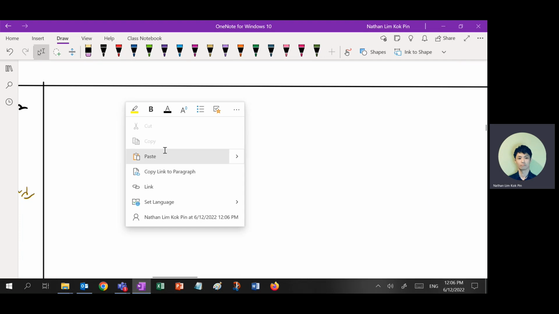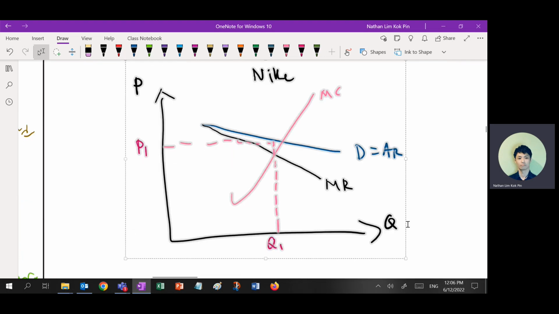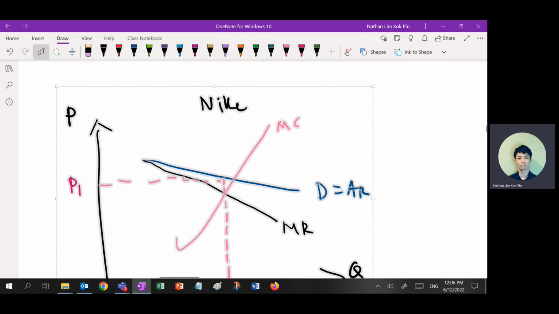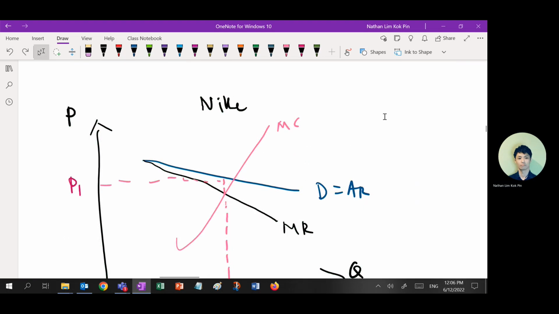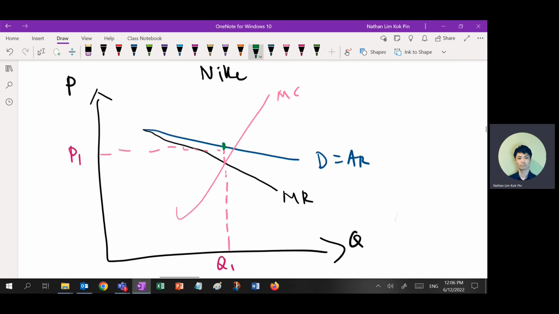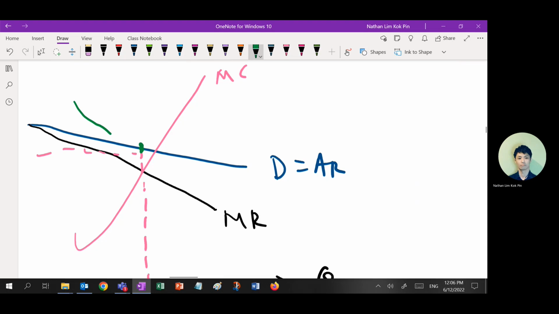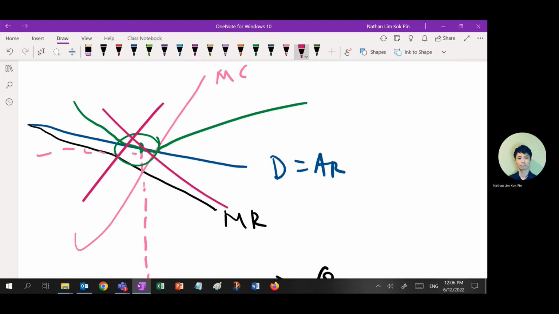In fact, normal profit is the hardest to draw. What you always do is you draw everything linked together, you know. You always draw like that. After you get this point, even if you get this point correct, you draw like that. Oh my god. You see, this is wrong.